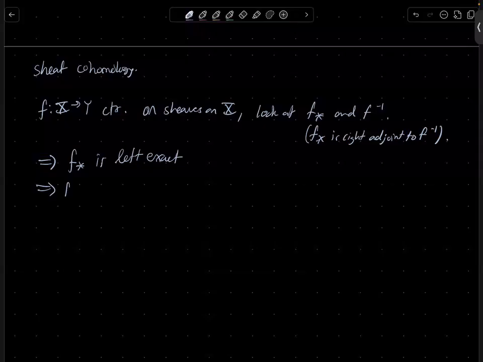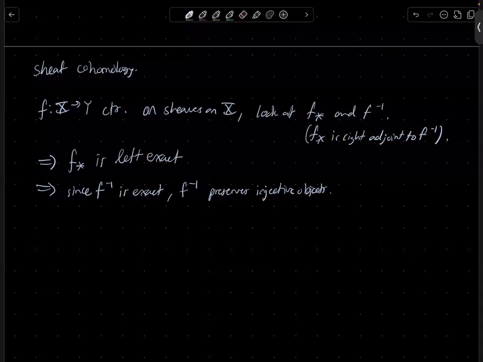And something you can check is that since the pullback is exact, the push forward preserves injective sheaves.